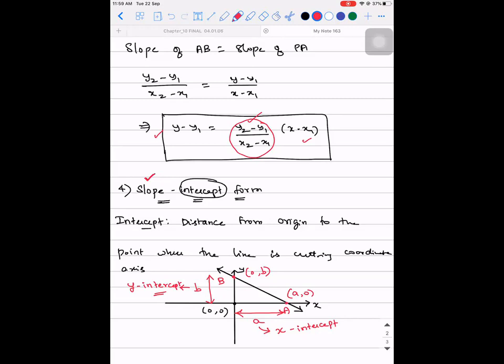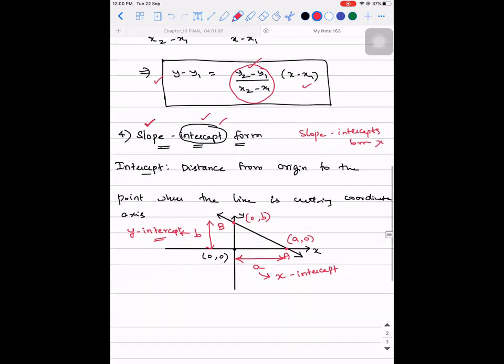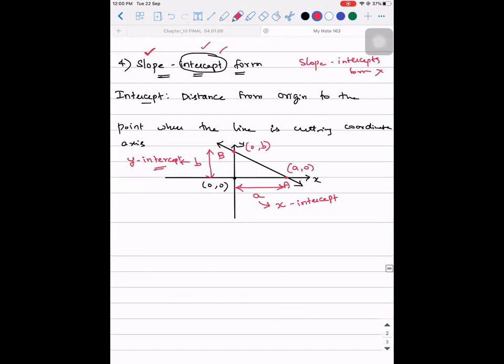If they give you only one intercept, along with the intercept they'll give you the slope. That's why it is called slope intercept form. It is not slope intercepts form. That is another thing. Only one intercept will be given, singular. Okay, so let me explain this concept.